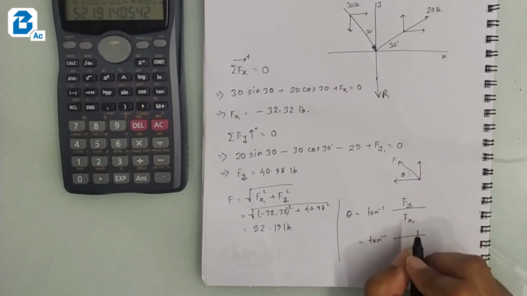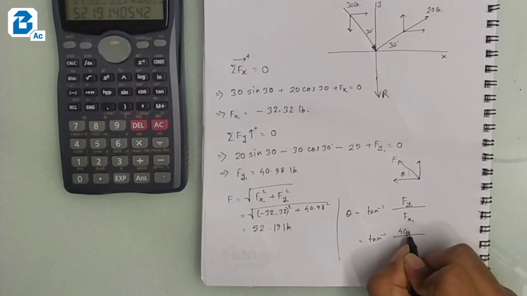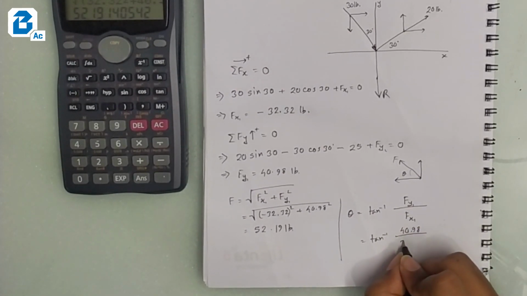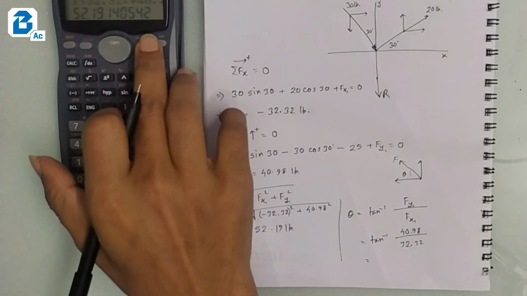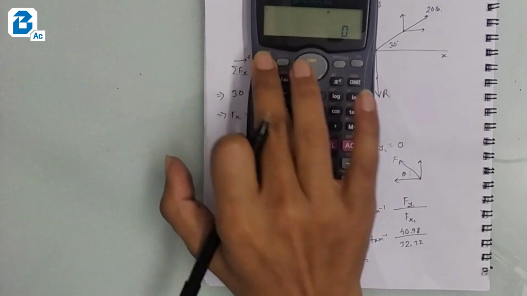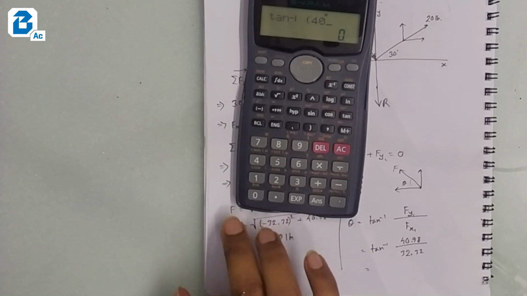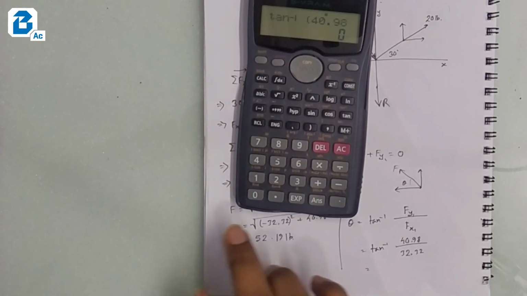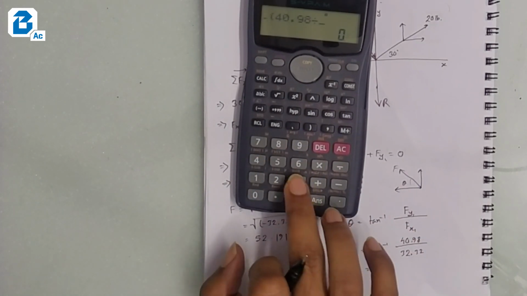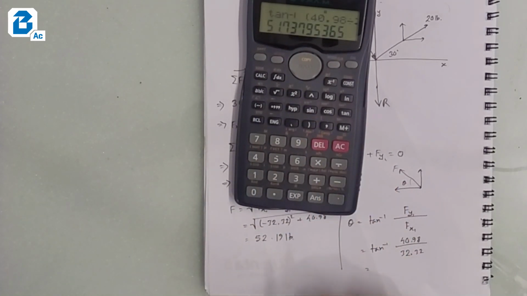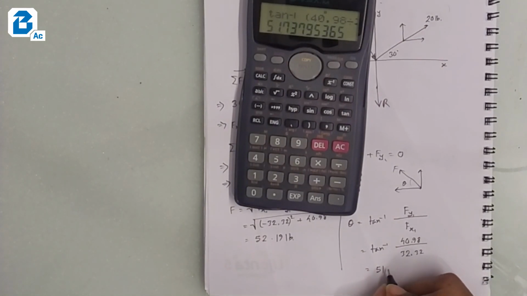For F of y1, the value was 40.98, and for x1 the value was 32.32. So the theta would be 40.98 divided by 32.32. We get 51.74.